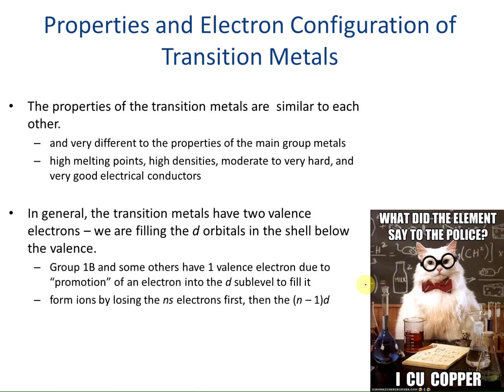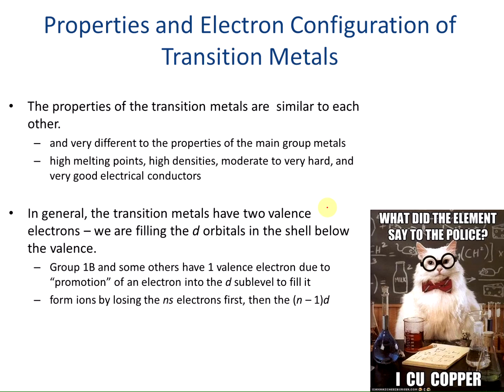So as we start looking at the properties and electron configuration of transition metal compounds, the properties of the transition metals are similar to each other, but they're very different from the properties of the main group metals. The transition metals have high melting points, high densities, they're moderate to very hard, and they're very good electrical conductors. Also, if you'll remember, the transition metals have 2 valence electrons, and we're filling the d orbitals in the shell below the valence electrons.